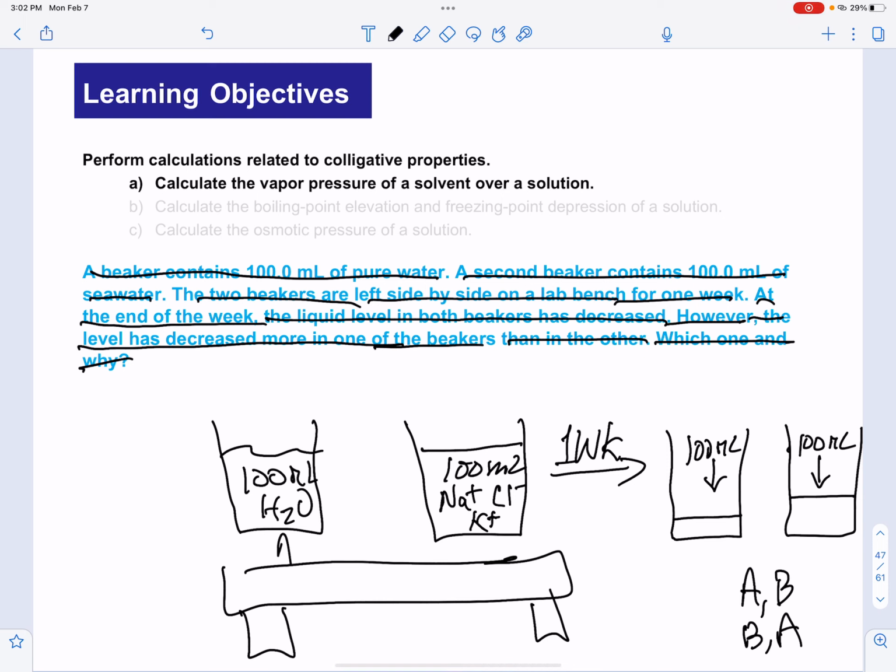So if this is A and this is B, then this will be A and this will be B, because the level went down on the one that has the weaker forces holding it together. So just more re-emphasizing the importance of understanding intermolecular forces when trying to understand colligative properties.